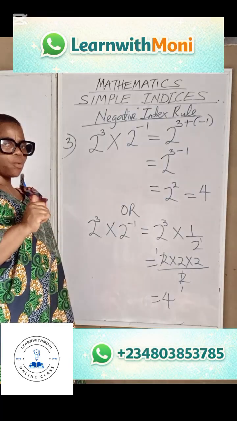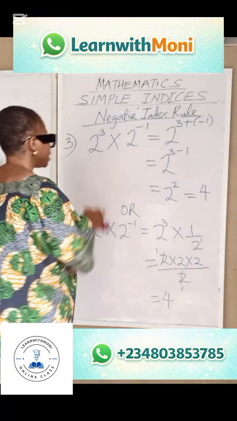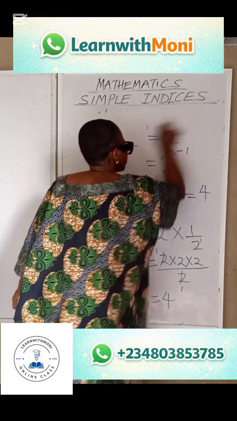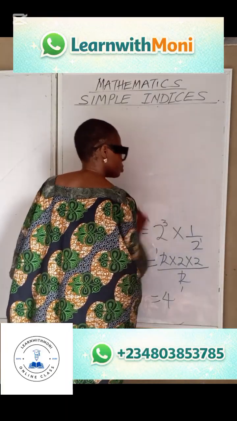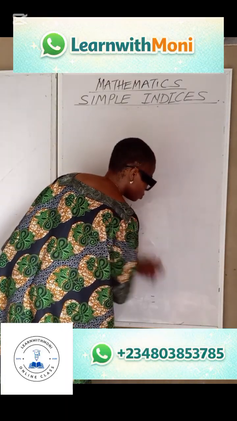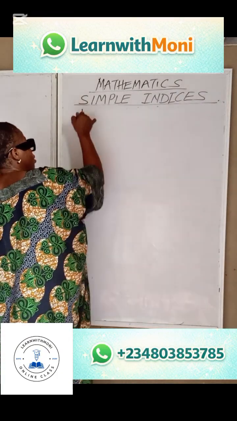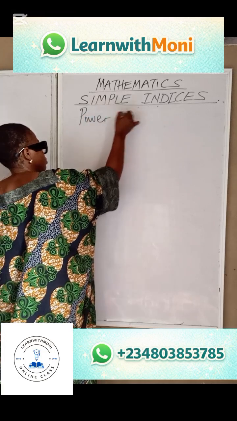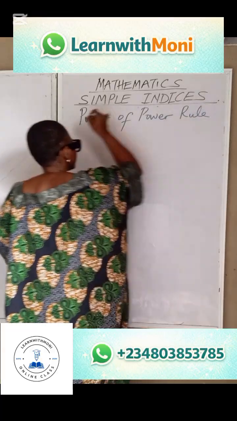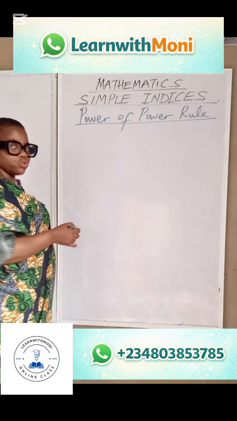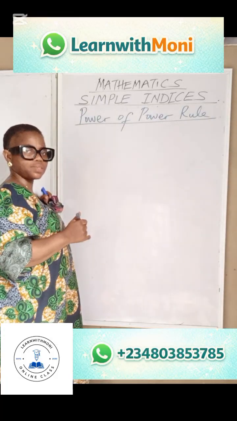Before I leave you, I want to mention the last rule of indices, which is called the power of power rule. This power of power rule means you have a power inside the bracket and another power outside the bracket.